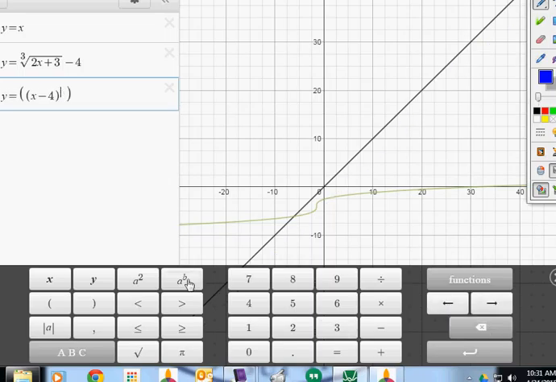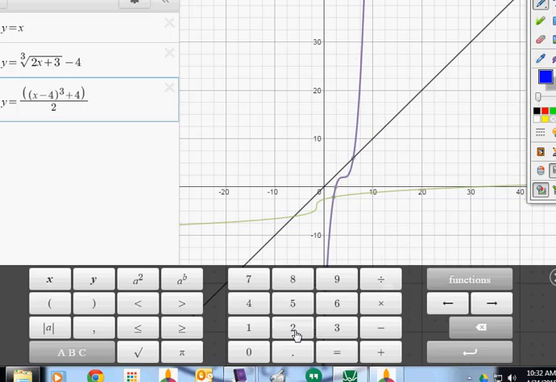Now what else is inside the parentheses? Plus 4? Plus 4, okay. So plus 4, and now I need to get outside the parentheses and divide it by 2. Was it divided by 2? Yeah. Okay, divided by 2. Where's it supposed to be plus 4? Right here? Yeah.